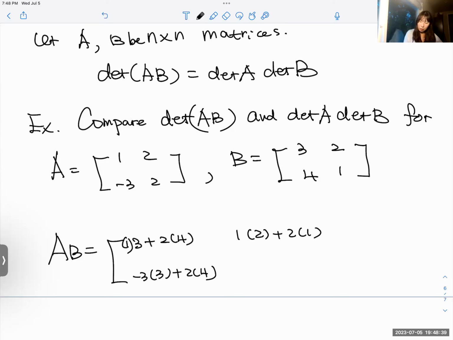And -3 times 2 plus 2 times 1. Please correct me if I make a mistake. So can you please calculate? Your turn. What do you get?